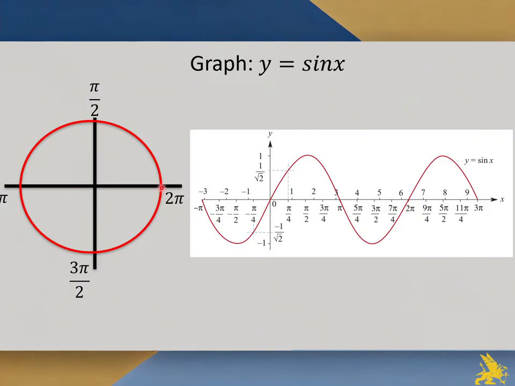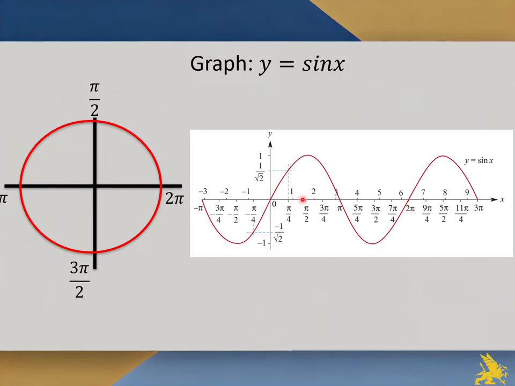Likewise, when we get to pi over 2, sine of pi over 2 is going to be 1 because that's our y value for the unit circle, and that's what it does here. Then it goes back down for pi, and sine pi will give us 0 because our y value is 0. Then sine 3 pi over 2 will give us the y value of -1, and then at 2 pi it goes back to 0. So this is what we need to use our understanding of this unit circle.